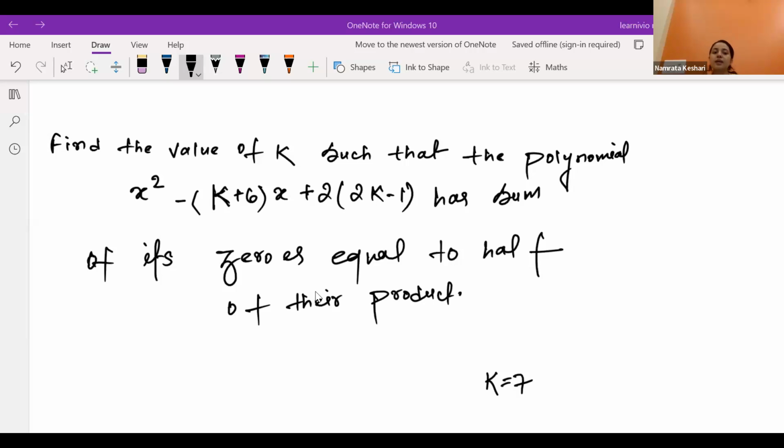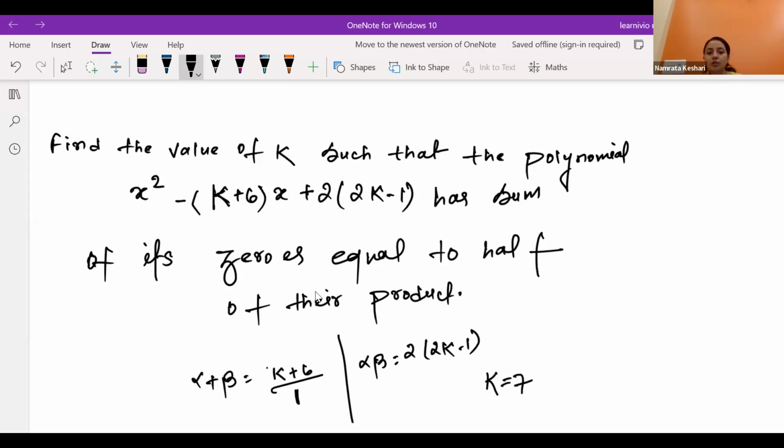So here it says that the sum of the zeros is equal to half of their product. Sum of the zeros formula, we know that it is minus b by a. Our b is already negative, if we take one more minus sign, it will be plus. And product of the roots is c by a.